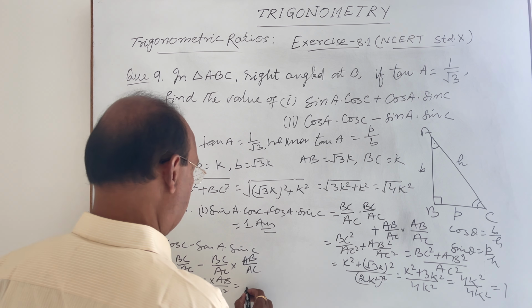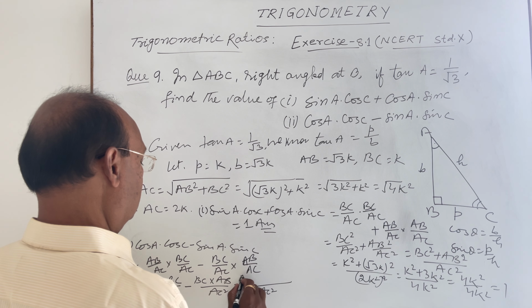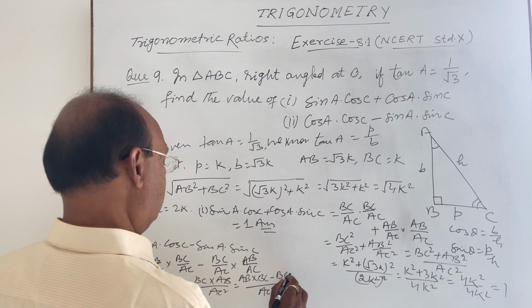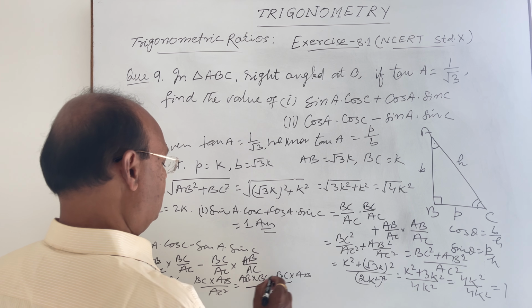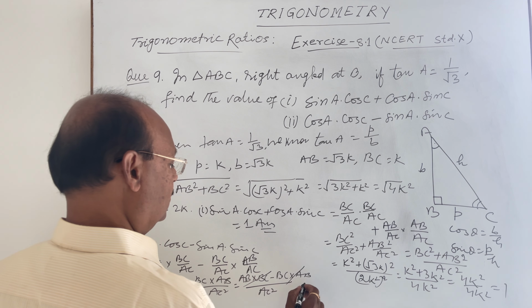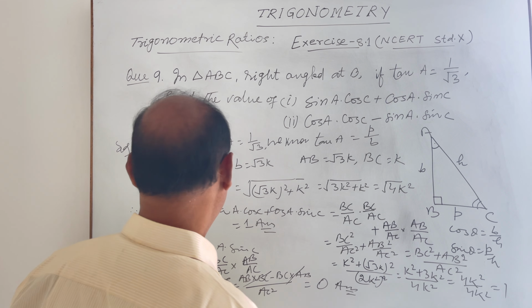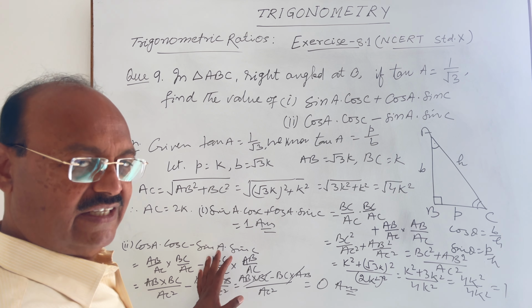So this will be LCM AC square, and numerator AB into BC minus BC into AB. So AB into BC and BC into AB will be cancelled out. So this is equal to 0. This is the answer of the second part. Okay? Understood? It is very simple.